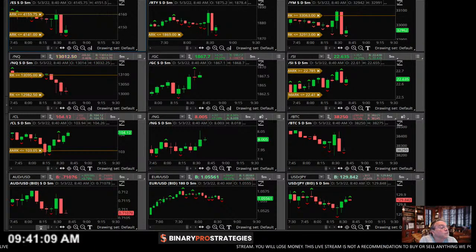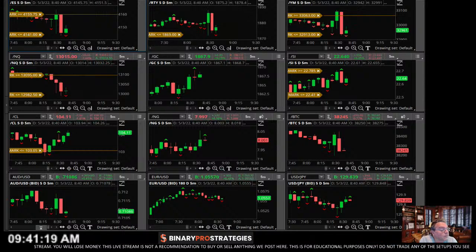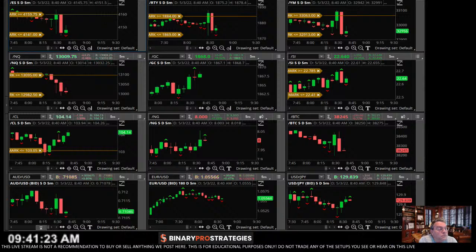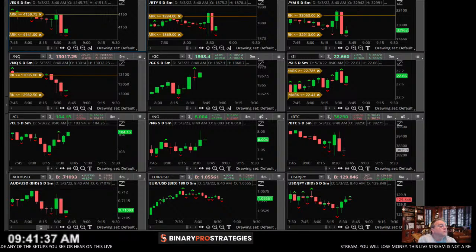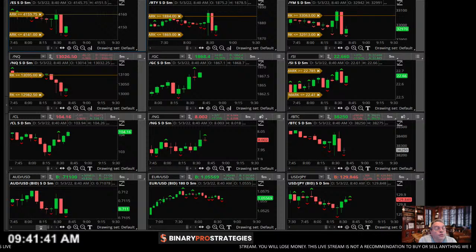If we need to reverse, it's going to be 1884. Looks like crude hit target. Silver still short. Short ES and short RTY. Short YM. Also short NQ.